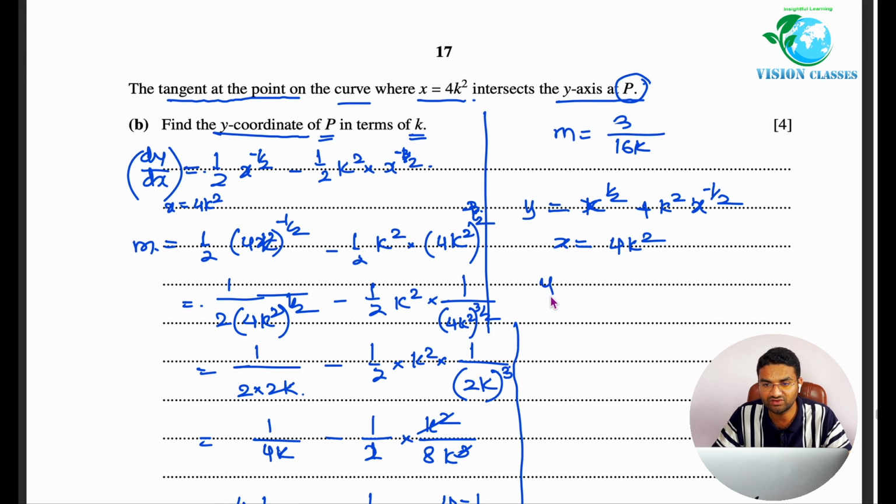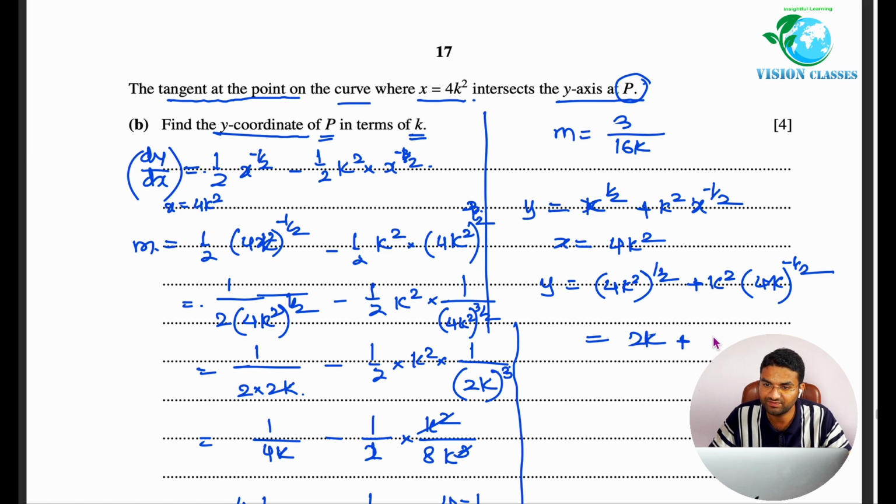So y is equal to 4k square raised to 1 by 2 plus k square times 4k square raised to negative 1 by 2. The square root of 4k square is just 2k, plus k square times 1 upon 2k.